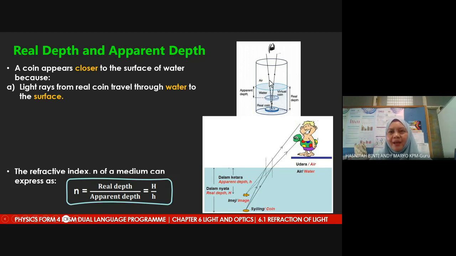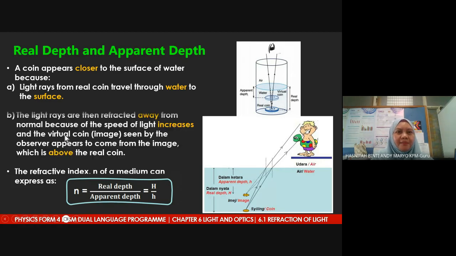So it will refract away from the normal. The light is refracted away because the speed of light increases. So you will see the virtual coin, or the image, appear to be closer to the surface, which is above the real point.